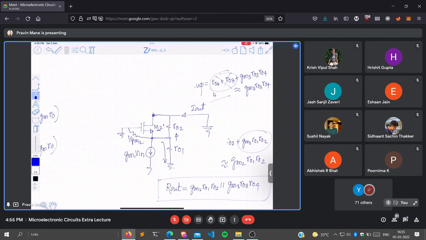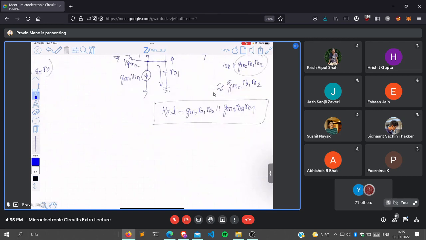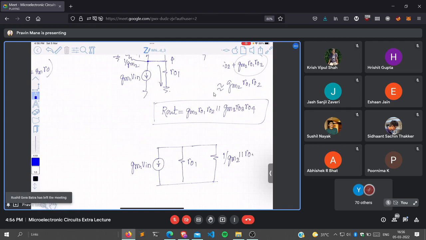Somebody will say that RO1 is also in parallel. I will not consider it. The reason is I will tell you what is happening. So we have something like this. Now you should understand. So this is your Gm1 into Vin. There is one RO1 and there is another resistance which is 1 by Gm2 parallel RO2.